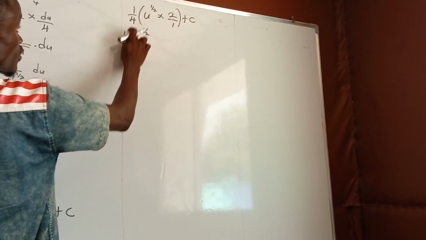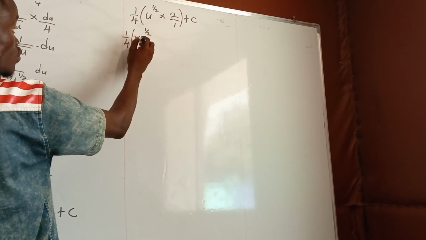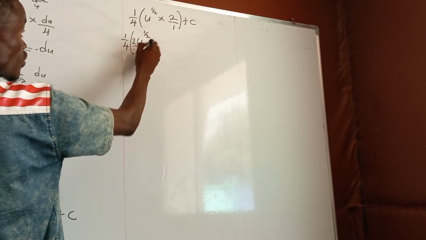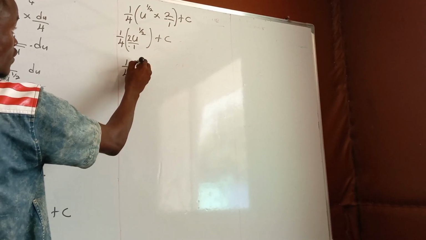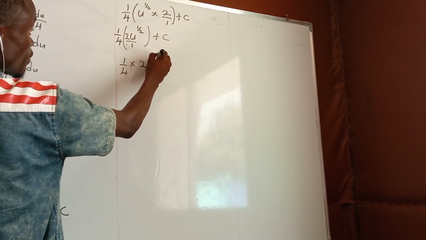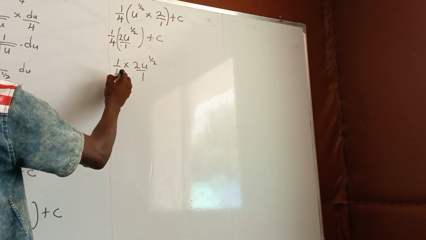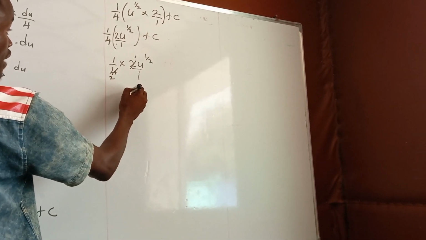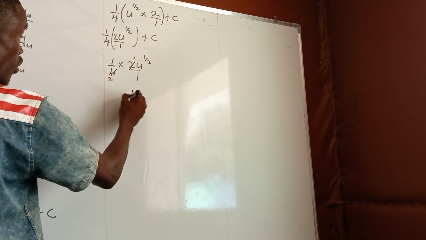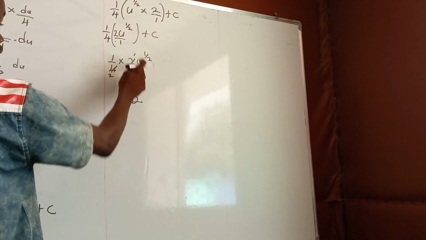So 2 times, when you multiply, it will give you 2u raised to the power half, all upon 1, plus C. So 1 upon 4 times 2u raised to the power half. 2 here, 2 times into 2, 1 times. So what will remain here is 1 upon 2, because 2 times 1 is 2, 1 times 1 is 1.